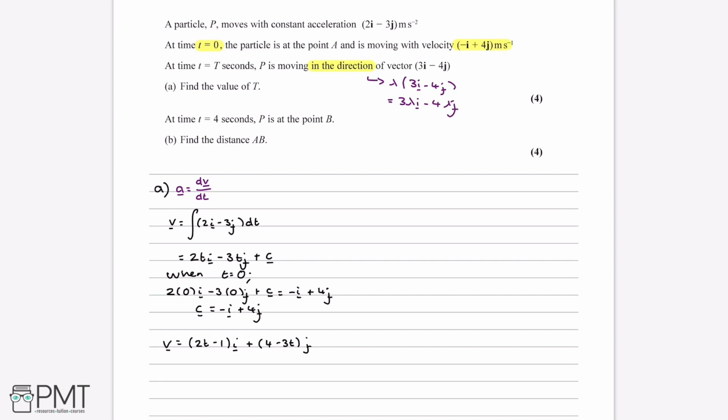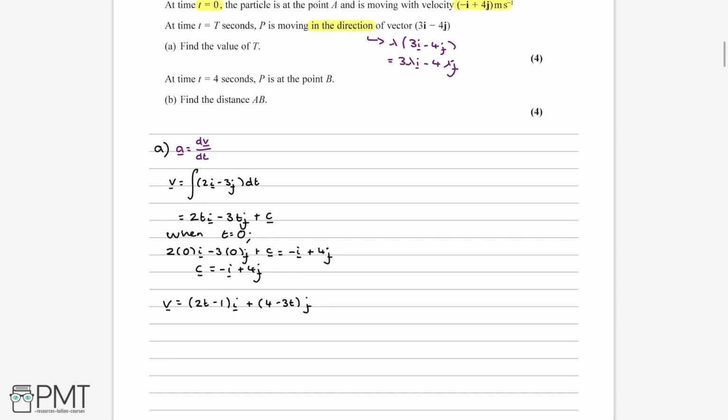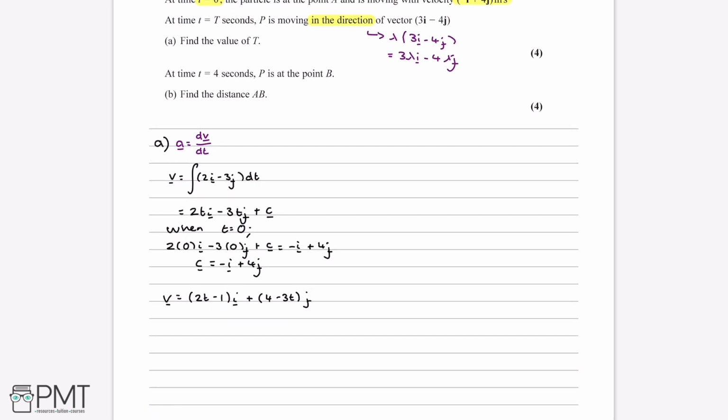Therefore, if we say that at time t equals capital T seconds, the velocity is equal to 3 lambda i minus 4 lambda j, we can actually solve for T. So we write out this whole expression, but replace t with capital T, and this is all equal to 3 lambda i minus 4 lambda j.